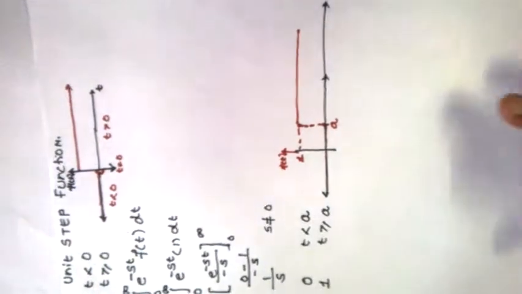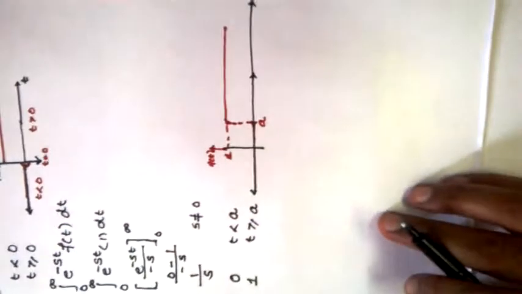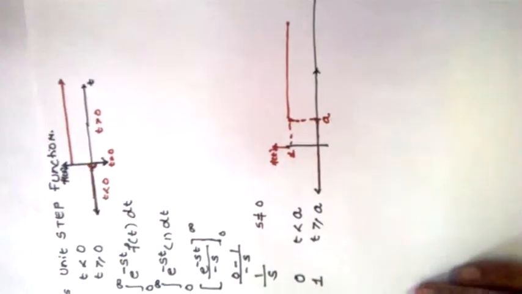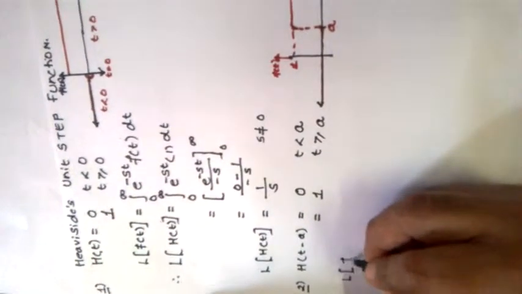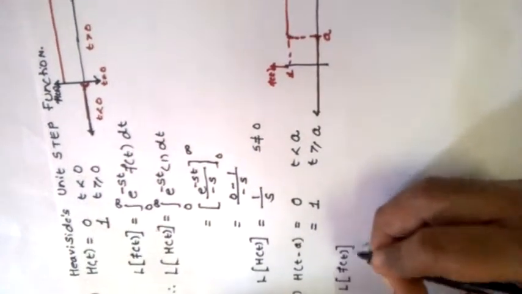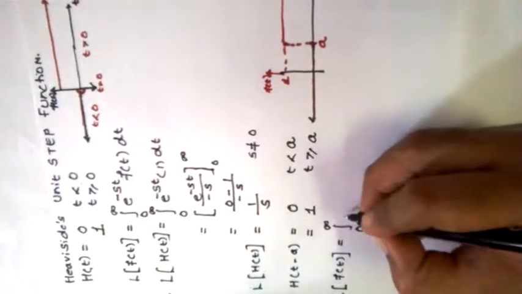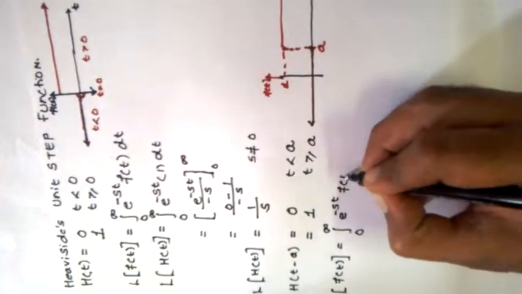Now if we find Laplace transform of delayed Heaviside unit step function, again we'll use the definition. We say Laplace of f of t is integration 0 to infinity e raised to minus st into f of t into dt.